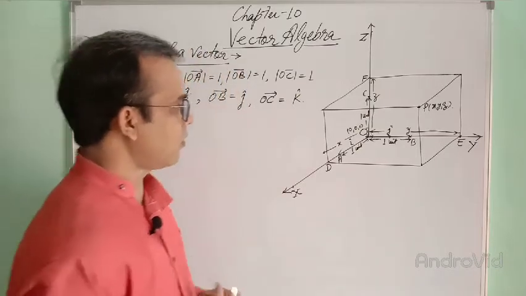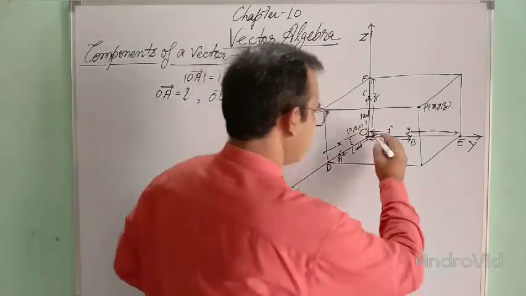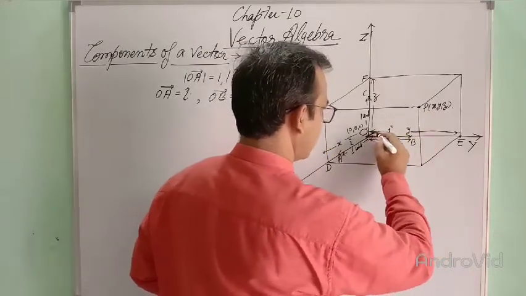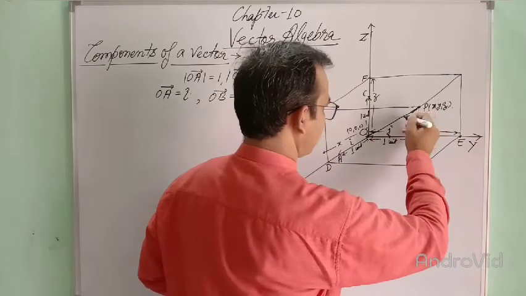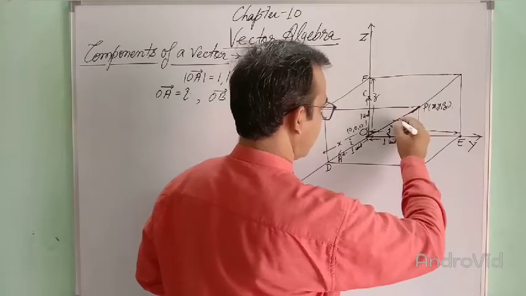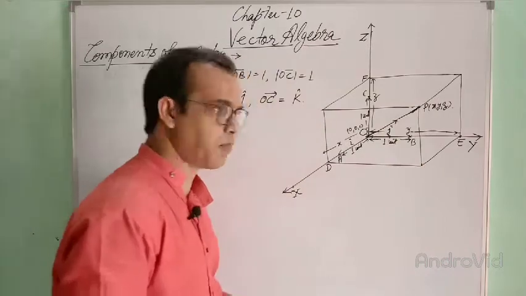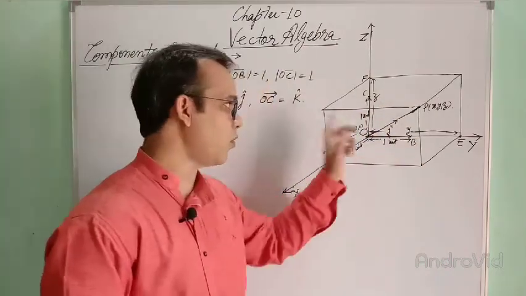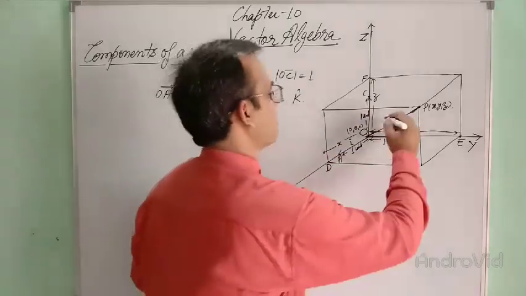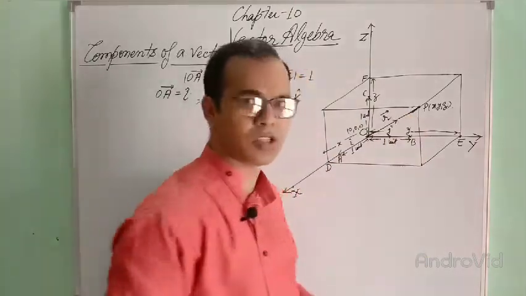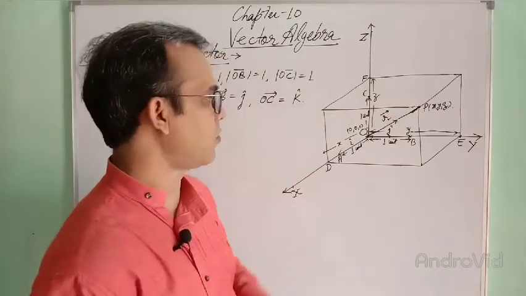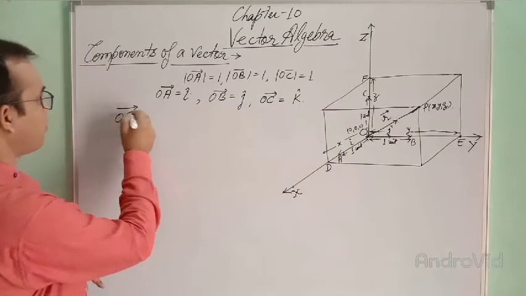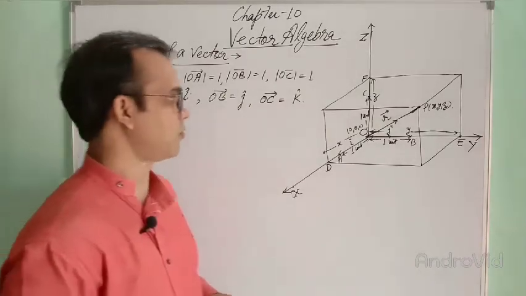Okay, now we want to get the component form of the vector OP. Here P is the point having coordinates x, y, z, and the vector OP is also represented as the vector R. It is the position vector of the point P with respect to origin O. So we want to get the vector OP in the component form.